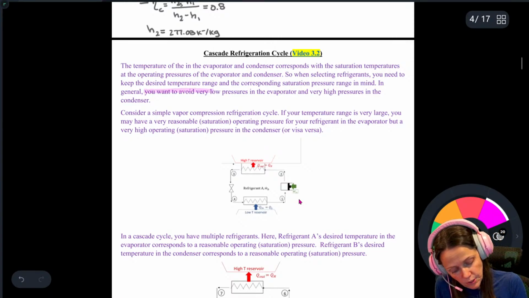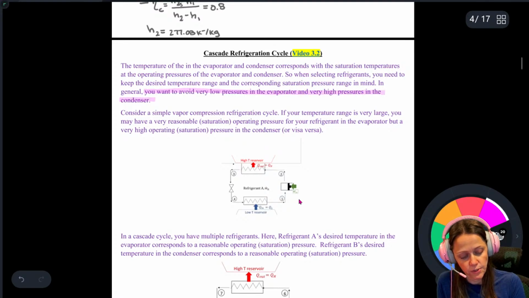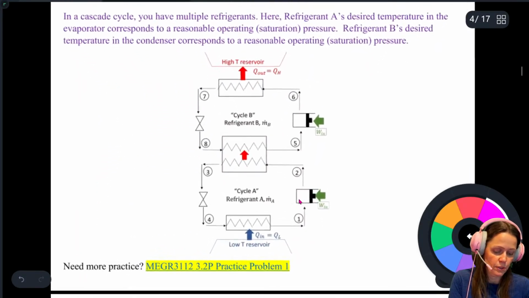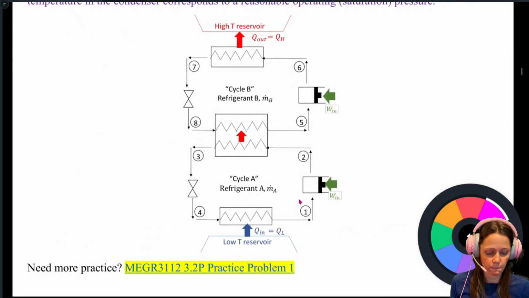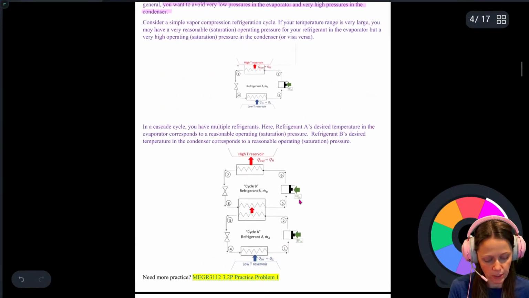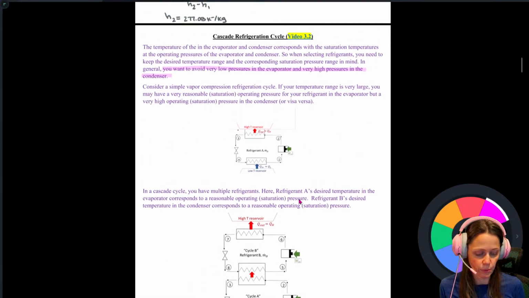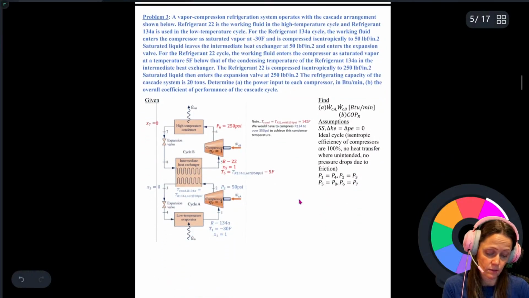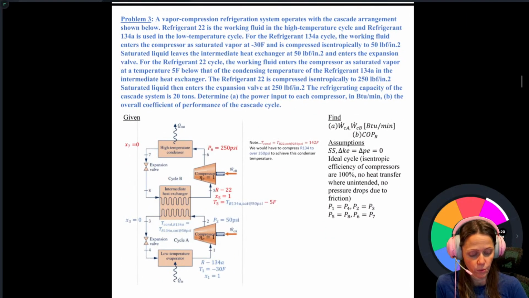In general, you want to avoid very low pressures and very high pressures. By putting 2 together, you can achieve very low temperatures in that low temperature reservoir and avoid those excessive pressures. I will leave it up to you to watch video 3.2, and when we come in on Wednesday, we will go ahead and solve problem 3, okay?